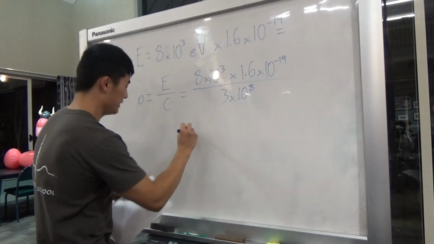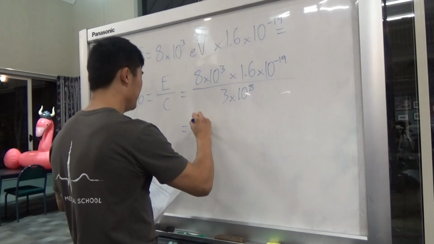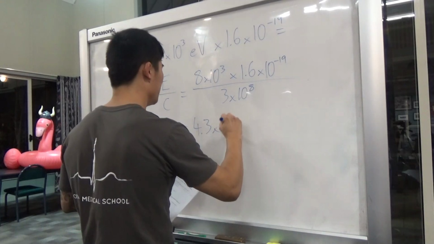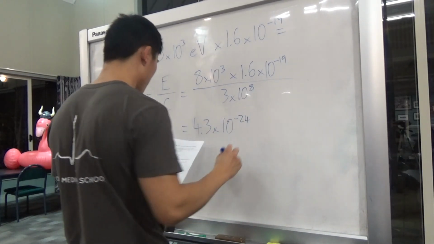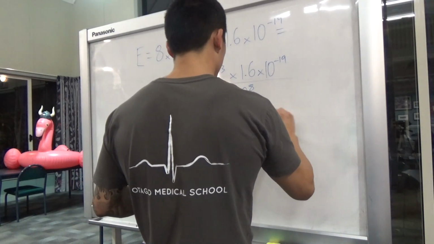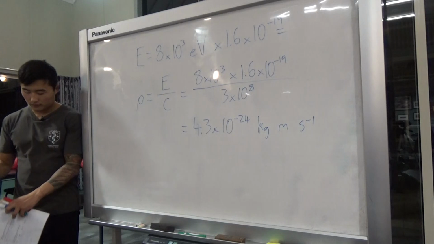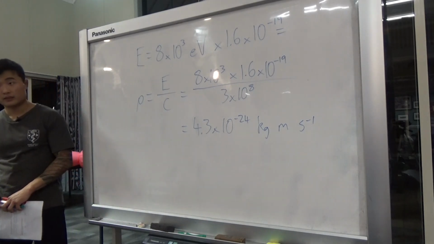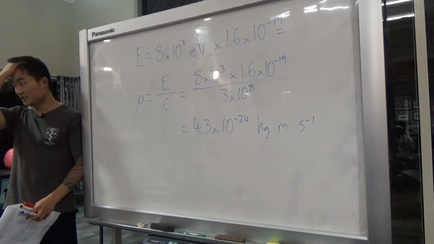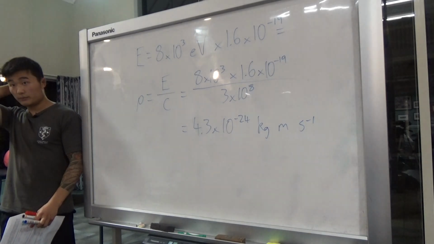Okay, and that will give you 4.3 times 10 to the negative 24 kg meters per second. Okay, so just remember your units. It's important. It has to be in the right units.